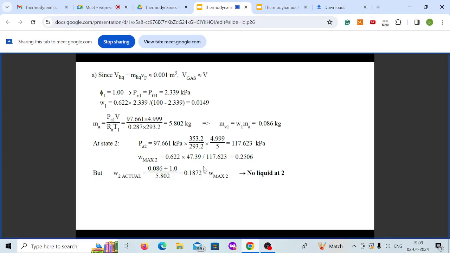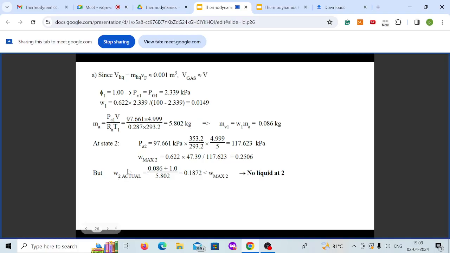But if your specific humidity after evaporating the 1 kg of water which was present in the tank is less than 0.2506, then the total amount is evaporated, and the air can still take some more water. But this being a closed tank, the water which you can add is 1 kg.